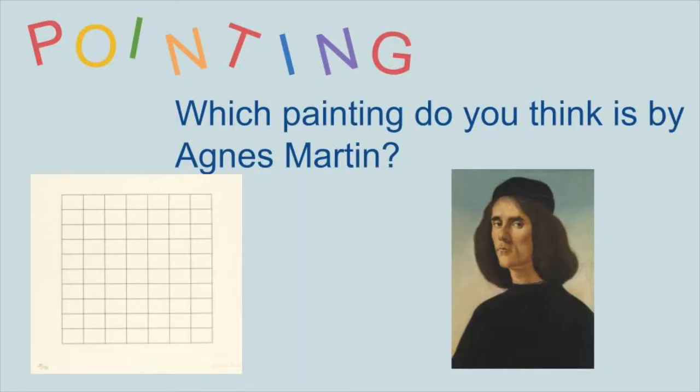So looking at Agnes Martin's artwork, she is most well known for her grid work. It really just looks like grids drawn in pencil or pen on paper. And to some people that might seem really simplistic and like it's not art, but for Agnes, this is a way to express, like, a lot of times when people feel like there's order in their life, they feel calm and happy.